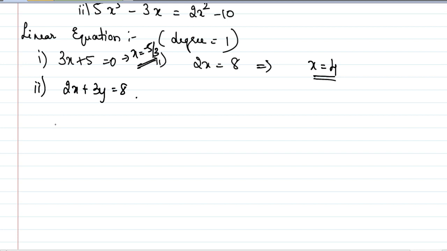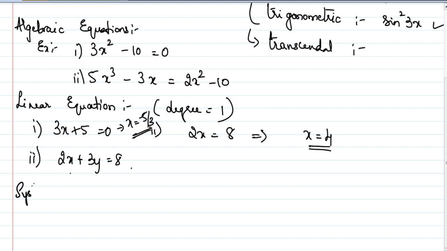In the case of a linear equation in a single variable, you can easily find the answer. If you have multiple variables, then you will have to follow various procedures. Let us see what all procedures there are one by one. But one thing you need to know: if you have two unknown variables, then you need two equations in order to solve it. So what is a system of equations? It is not just one equation, you have a set of equations.